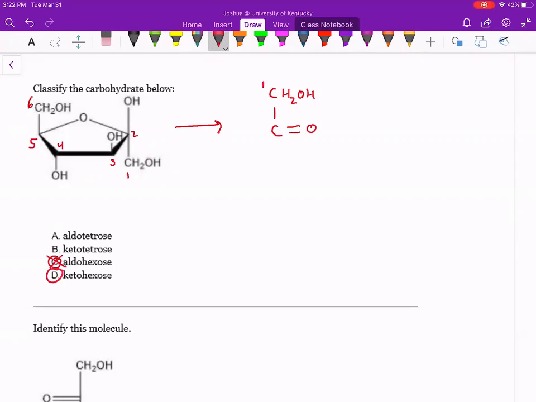So carbon 1, carbon 2, 3. That's up, so the OH group is on the left. Down, so it's on the right. 3, 4, 5.